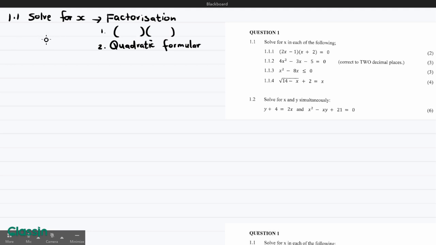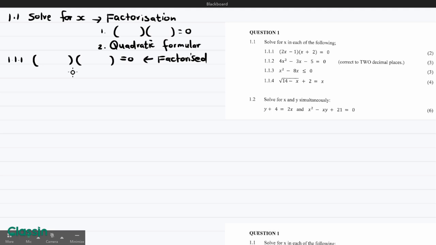Now, looking at the questions that we have here in 1.1.1, if you are given your questions in terms of brackets, this means that the problem has already been factorized.